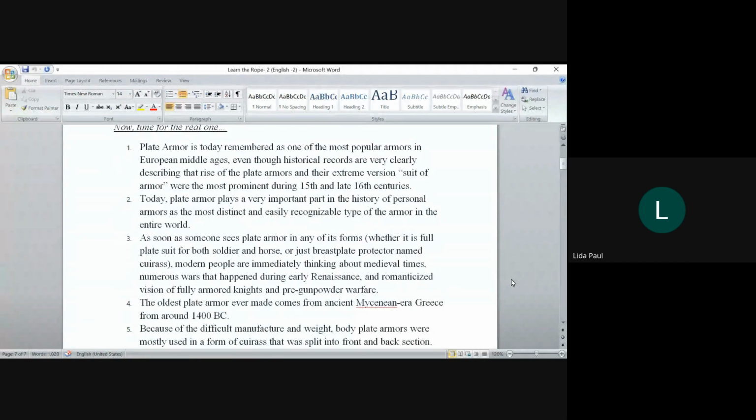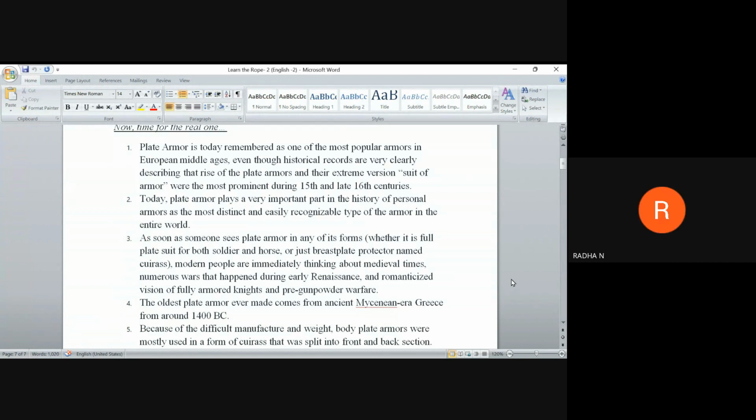First line: plate armor is today remembered as one of the most popular armors in. Most. Is it? Think about it. It is. You can consider that an adverb. And why is it an adverb?